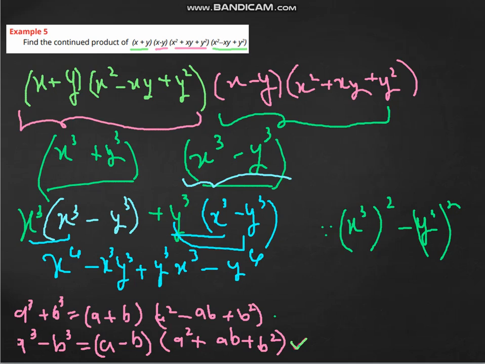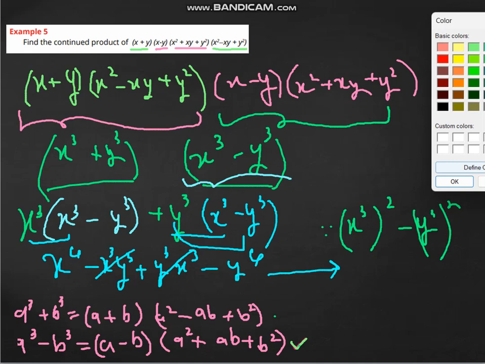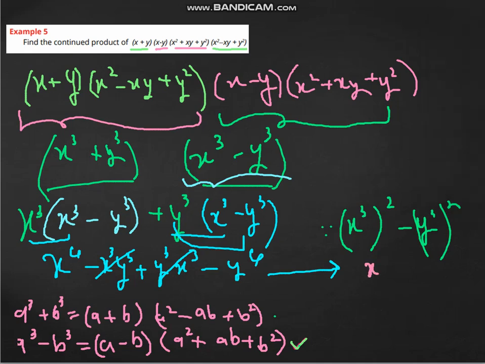Now these two terms would cancel out, and what we're basically going to get is x to the power 6 minus y to the power 6. That is the answer to this whole continued product.